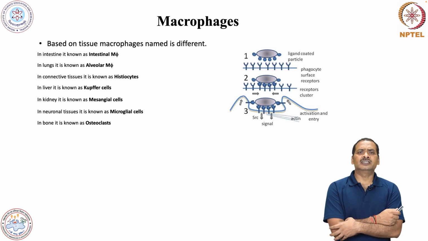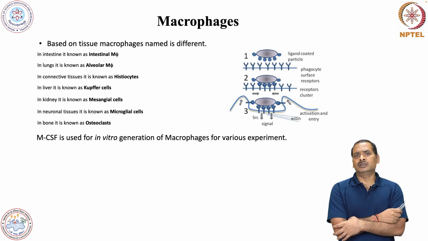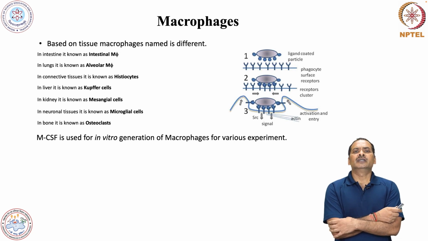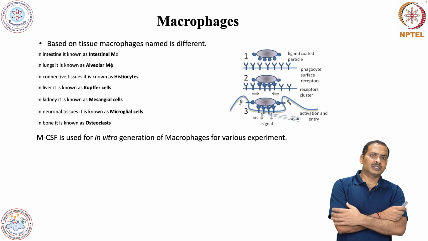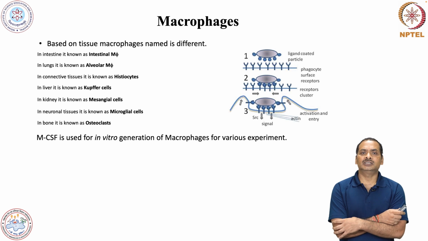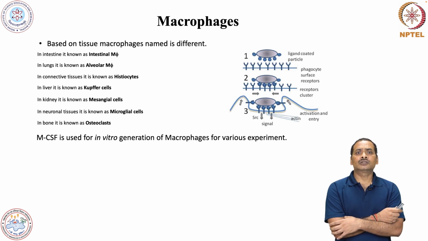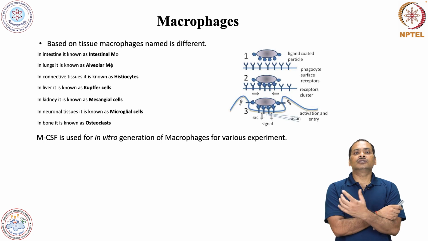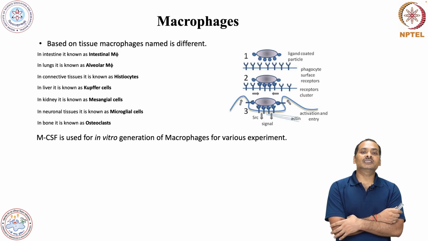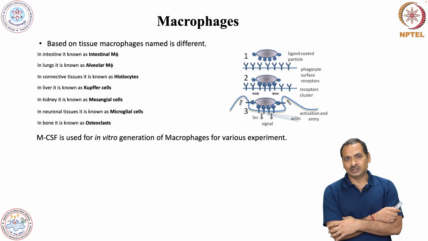Like other cells such as dendritic cells, we can also prepare macrophages in dishes. We take the bone marrow cells, as I explained previously, and stimulate them with MCSF, macrophage colony-stimulating factor. Once you stimulate for a few days to a week, you will notice that a lot of cells are very strongly adhered to the bottom of your culture dishes.